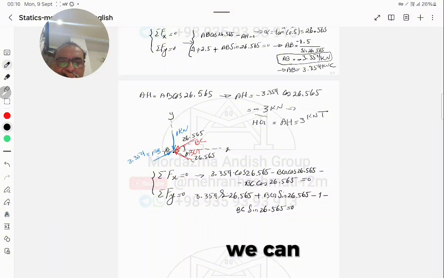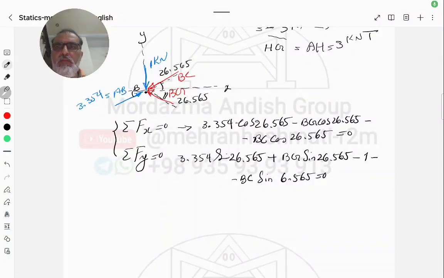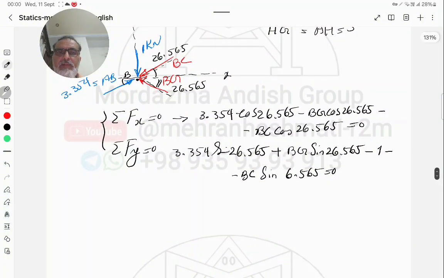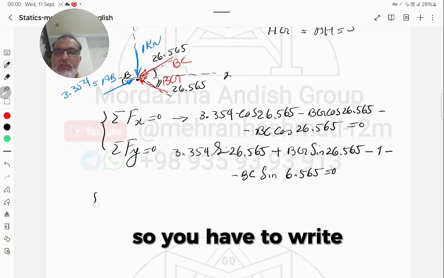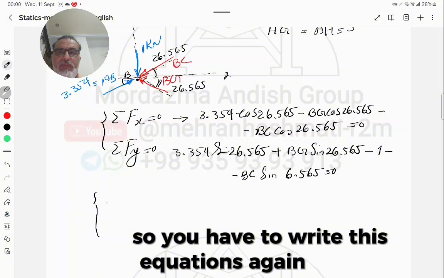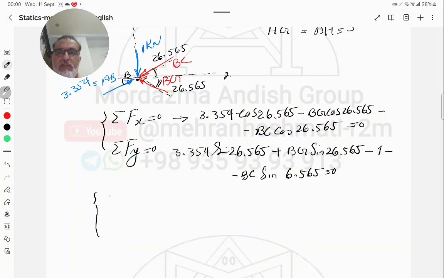So we have to write these equations again.